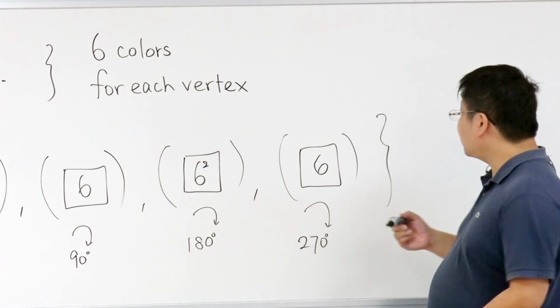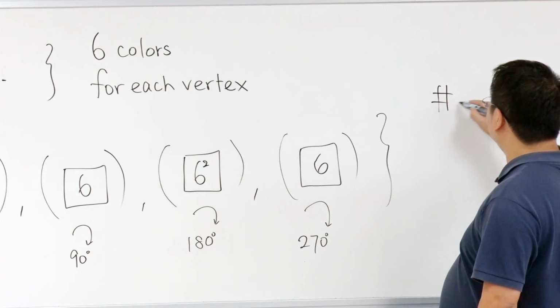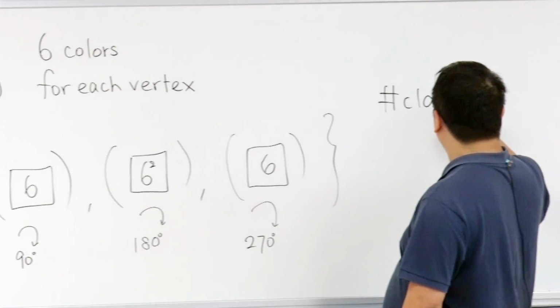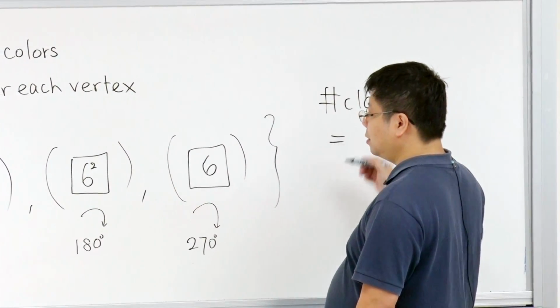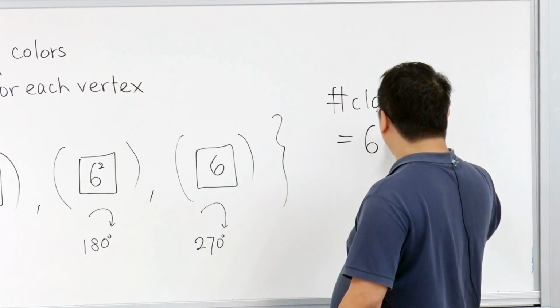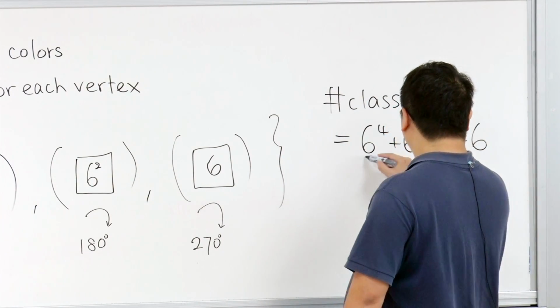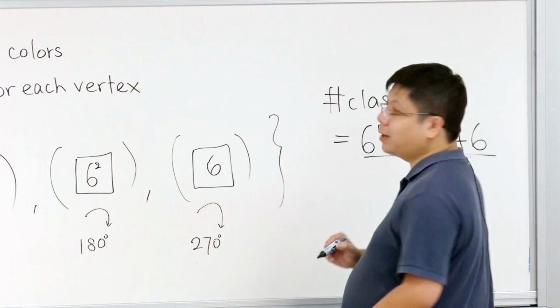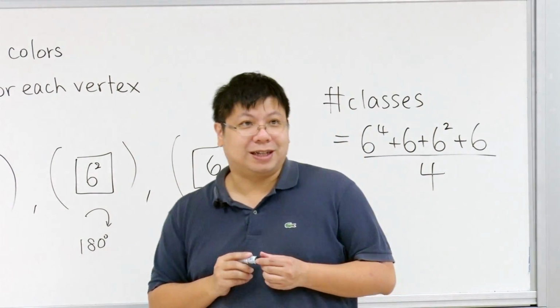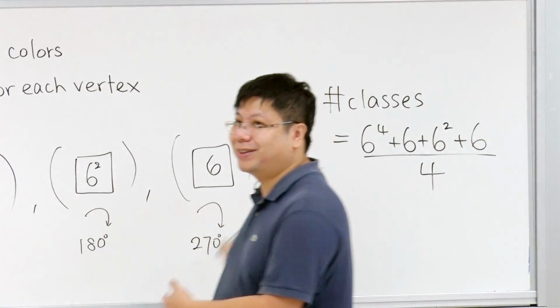So the number of equivalence classes is equal to, you add them all up, 6 to the power 4 plus 6 square plus 6, you divide it by 4. Okay, is that okay? So I don't know what it is, okay. So some number, okay.